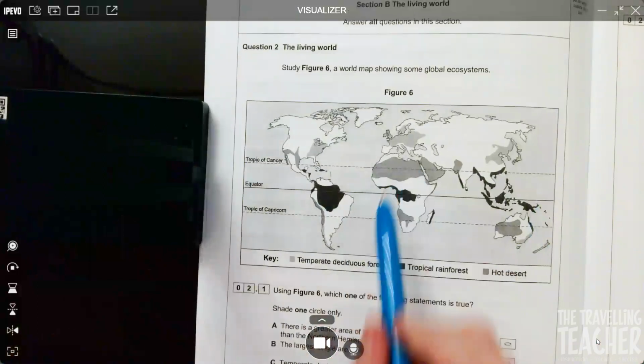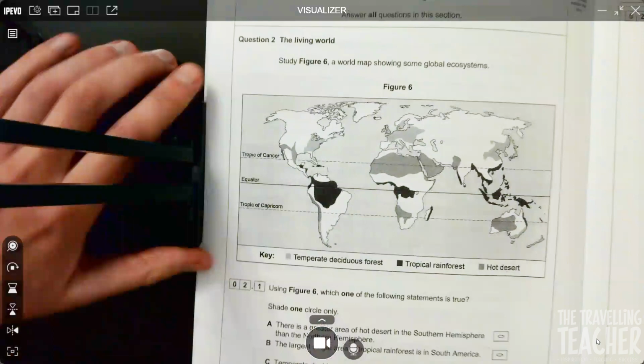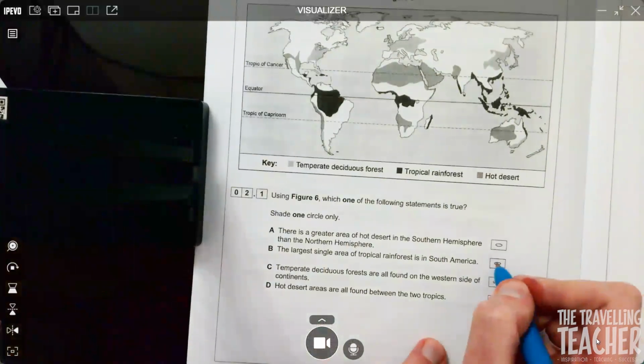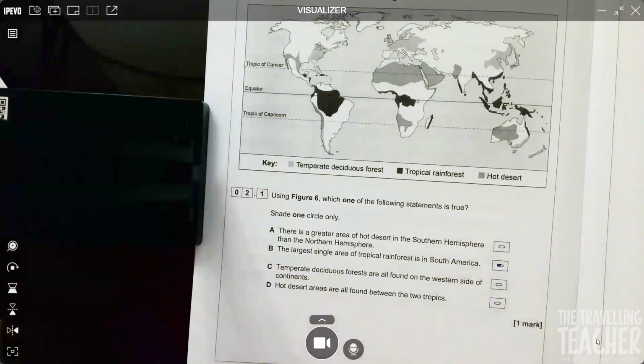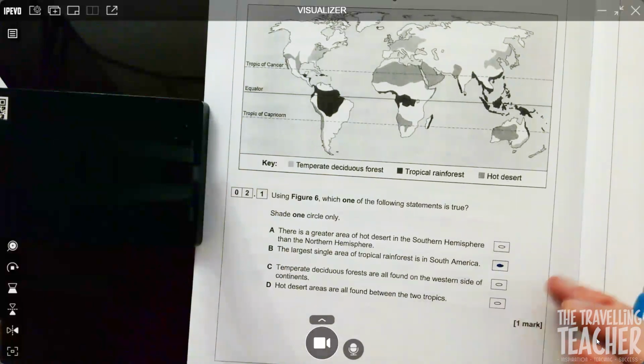You've got your desert in northern Africa, etc. Once again, go through a process of elimination with these answers, but we're just going to go straight for the correct answer, which is B. The largest single area of tropical rainforest is in South America, which is the only true statement out of those 4 statements.